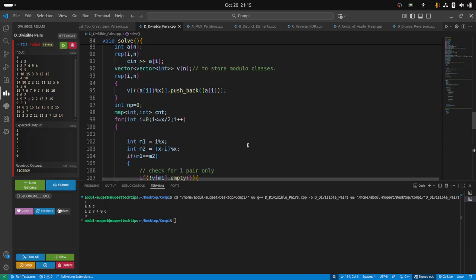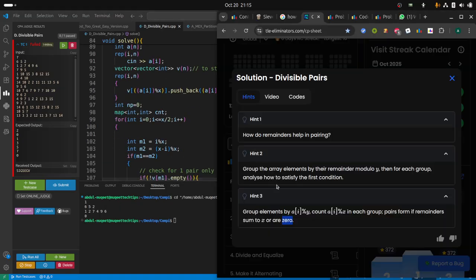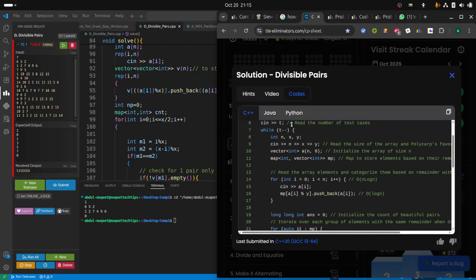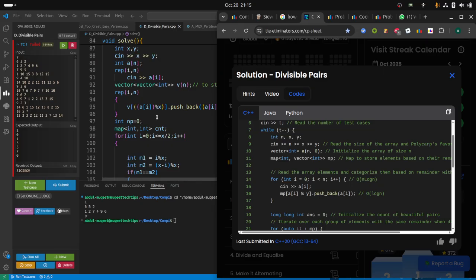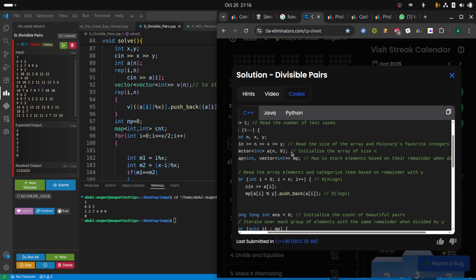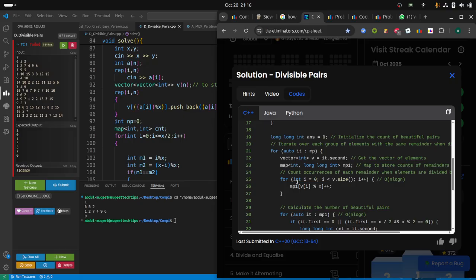Wow, I'm saying this for the first time.